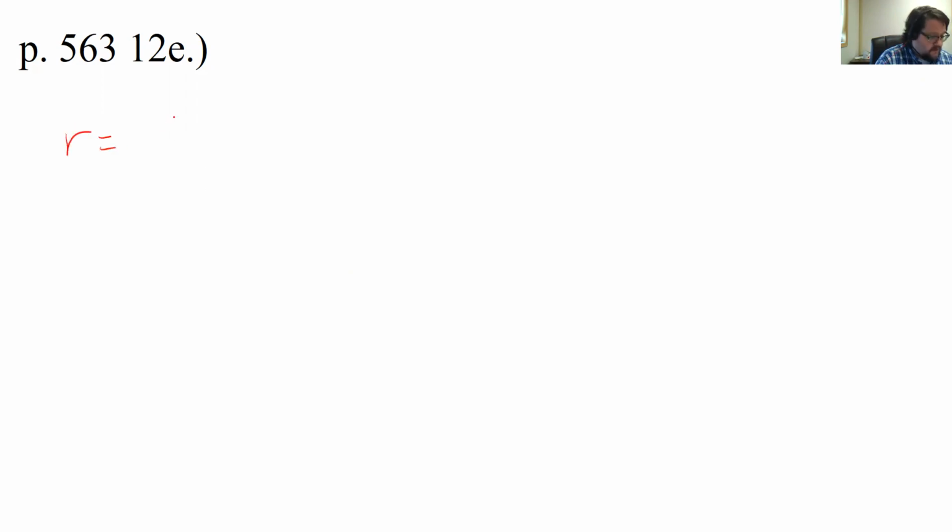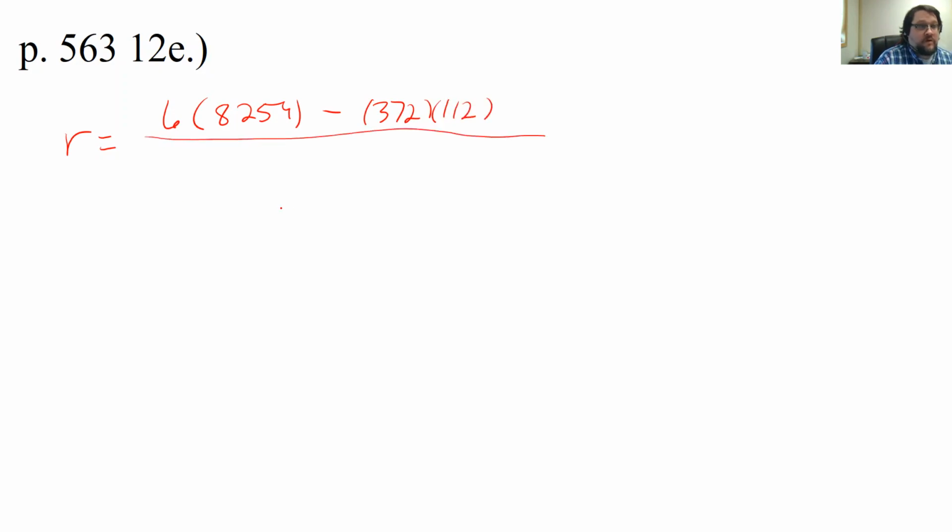Just a reminder, you take your sample size times the sum of your XY. So I'm going to go to my table here. Sum of my XYs is 8254 minus the sum of X, which was 372, times the sum of Y, which was 112. All of that over the square root times another square root.